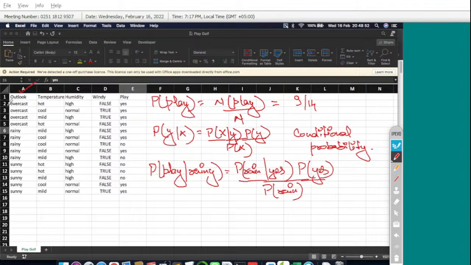How many times have we played? 1, 2, 3, 4, 5, and 6, right? 6 times we have played here. Then we are playing here too. So in 9 times we are playing. Out of 9 times, only 3 times it rained. So this is going to be 3 by 9.